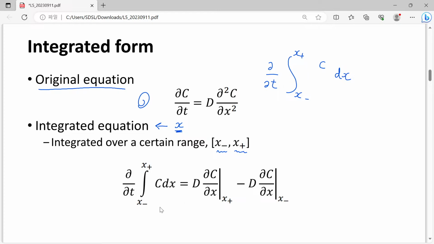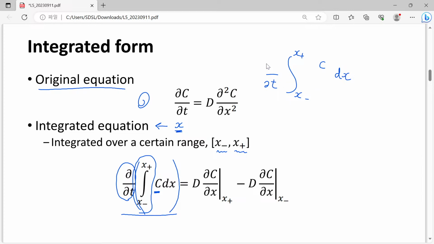That's the reason why we have a term like this. First, we integrate our C values over a certain range. Who decides this range? We can decide this range. But anyway, we integrate our concentration over the given range and take the derivative of this one. That is the first one, the left hand side.